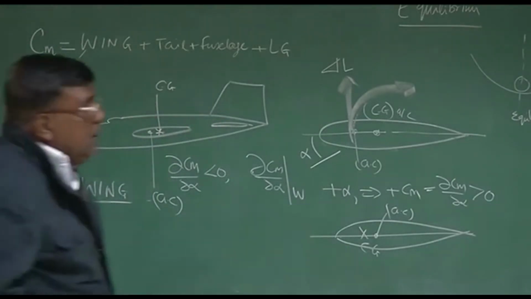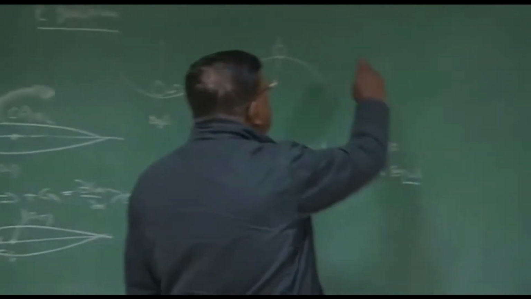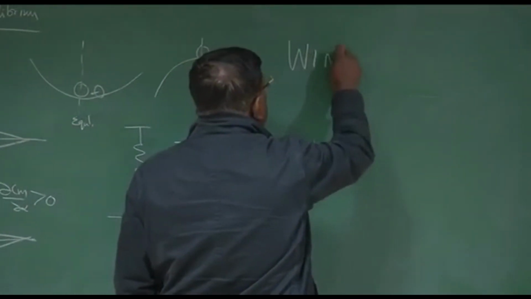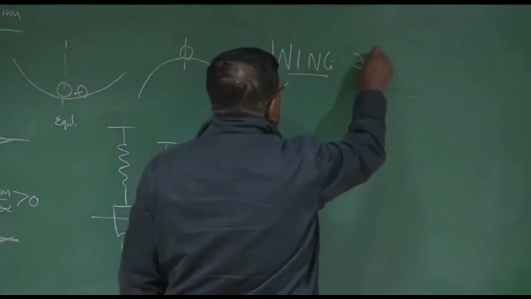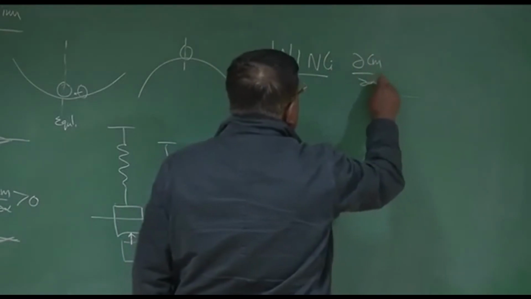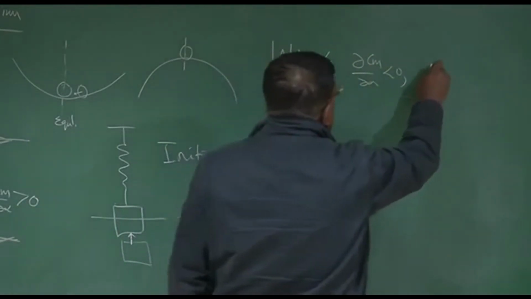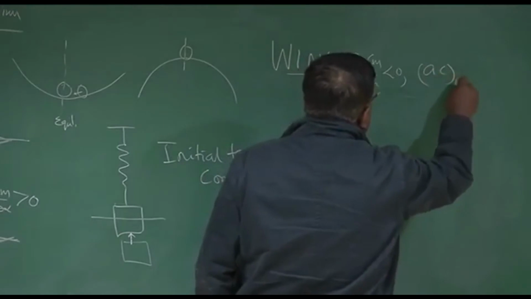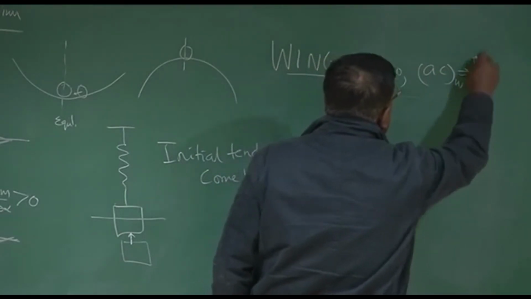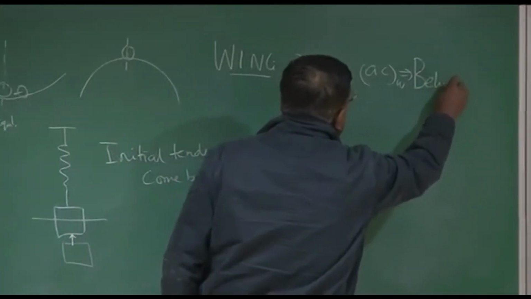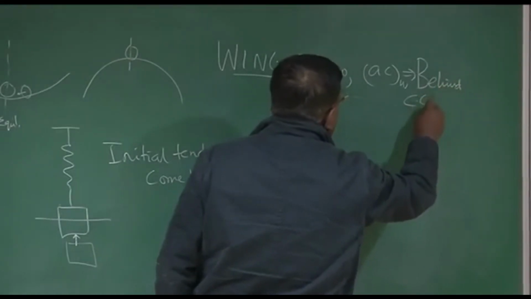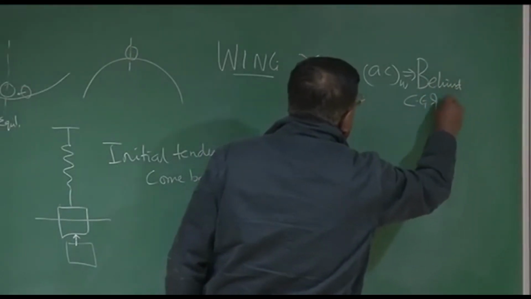So what is the lesson learned? If I want from wing dCm by d alpha negative, then AC of the wing should be behind CG of the aircraft, correct?